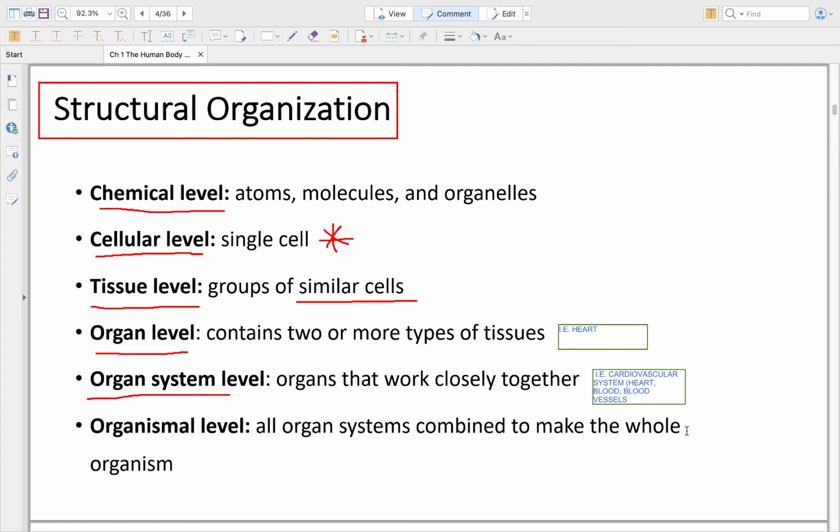Okay. We can also do the same thing with the digestive system or your respiratory system. Okay, so there's a group of organs in each system that work together to operate that system, and then all of those organ systems together, all the organ systems combine to make an entire organism, which would be, in this case, the human body.